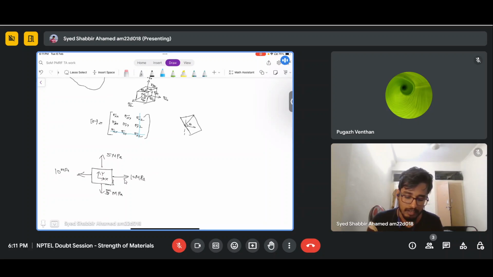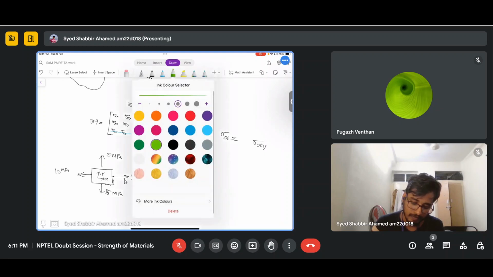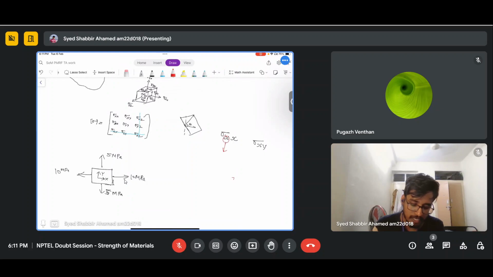One more important thing we have to note is whenever we write a stress component of a stress tensor, like sigma xx or sigma xy, the first index denotes the plane on which this component of stress is acting, and the second index denotes the direction in which the stress is acting.